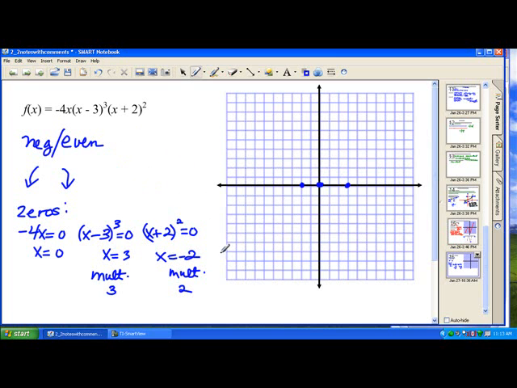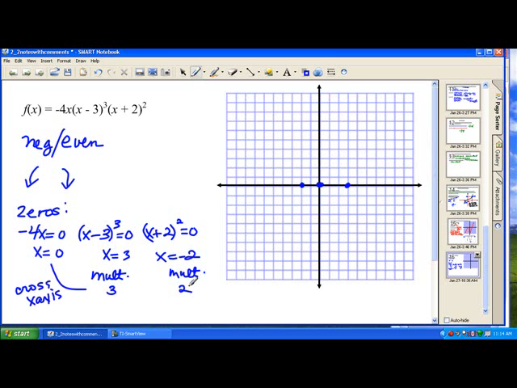Okay. Now, what's it going to look like at each of those zeros? Well, 0 just repeats once, so it's an odd multiplicity, so it's going to go through at 0. 3 is an odd multiplicity, so it's going to cross the x-axis at 3, so it's going to cross the axis at both 0 and 3.